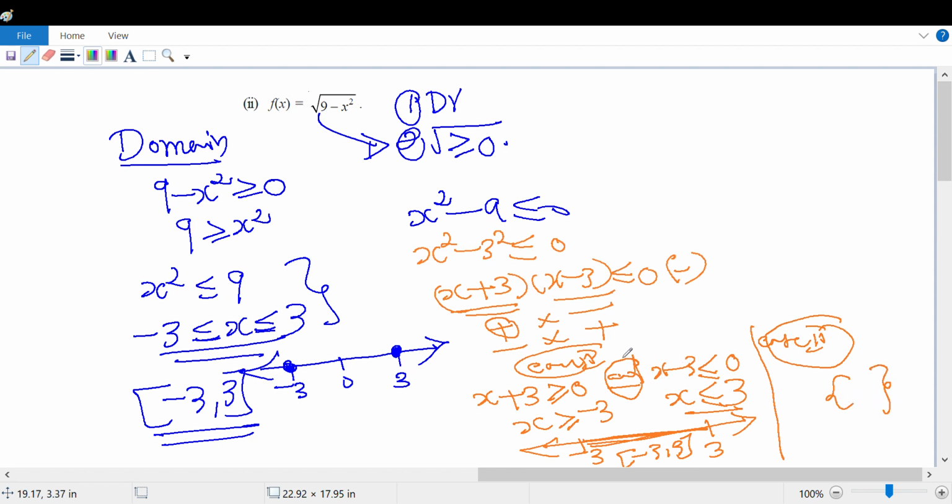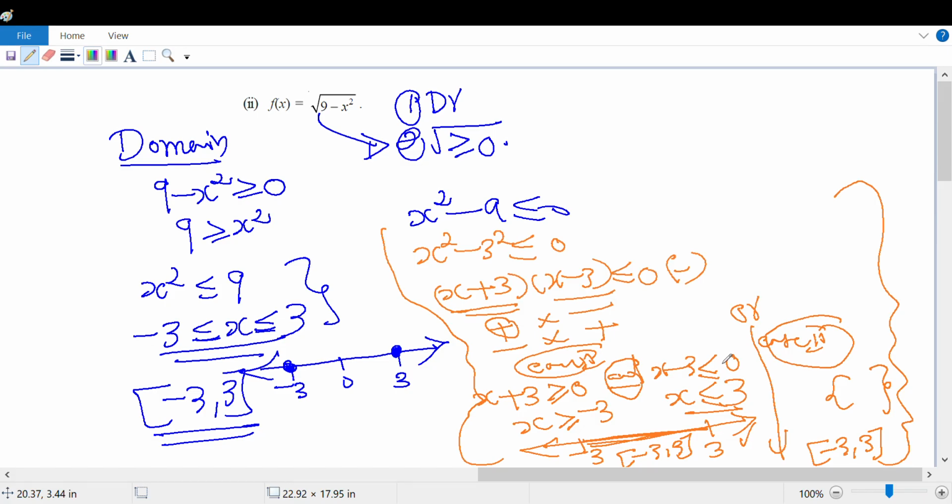So either the first case or second case. So if you take the first case, union null set, always answer will be closed minus 3 to 3. So this is the actual way of doing this particular domain.